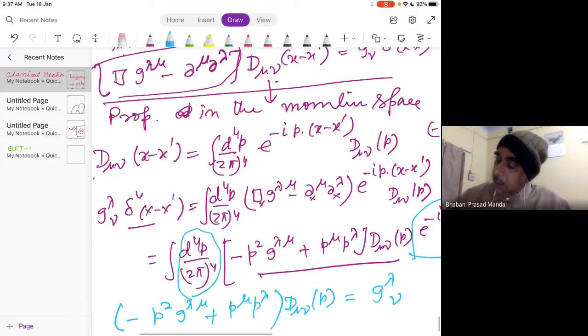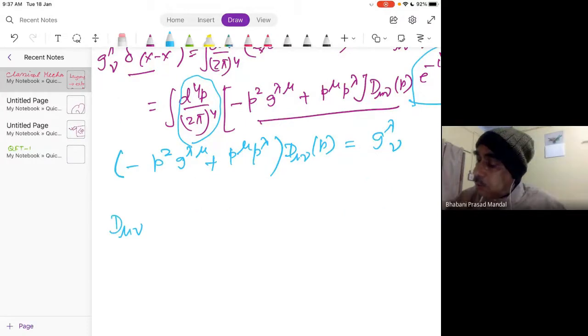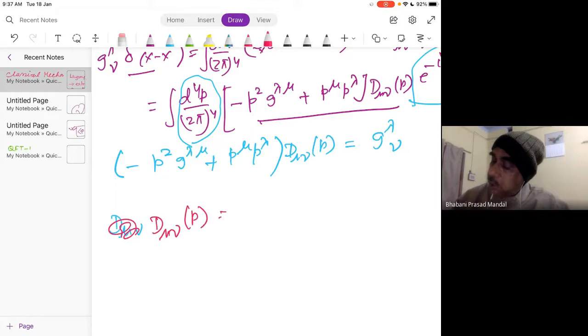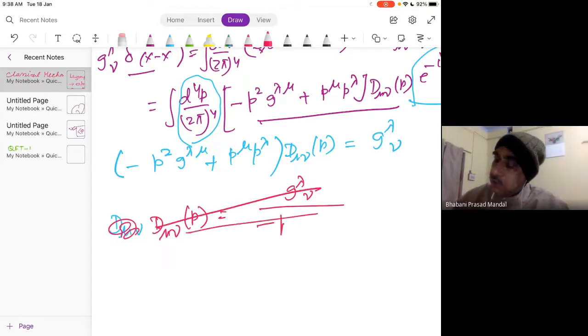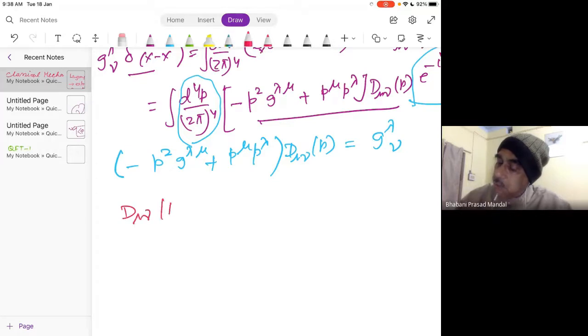So I can think of my momentum space propagator. Let me go to red, this ink is not so bright. So D mu nu p is basically your g lambda nu, and so how can we calculate D mu nu p from this relation?